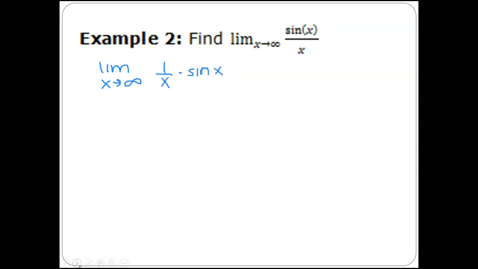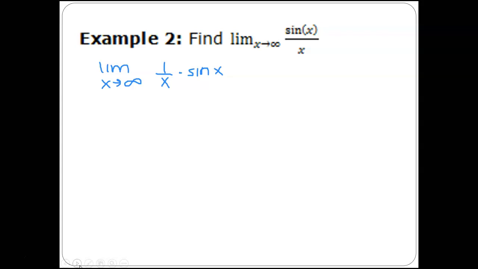It's sometimes easy to think about this as 1 over x times the sine of x. So we know that the degree of the denominator and the degree of the numerator are not the same, because we can't really discuss the degree of the numerator for a sine.